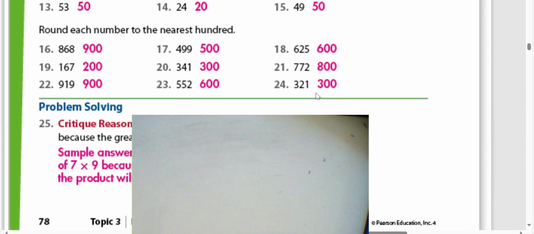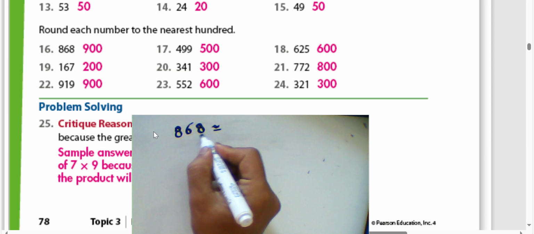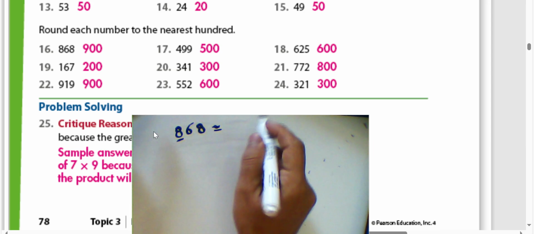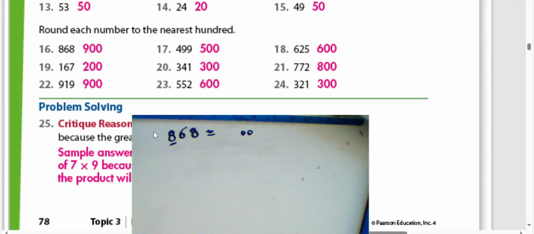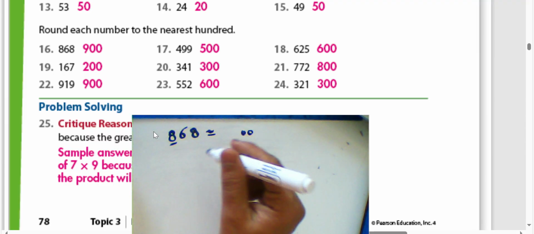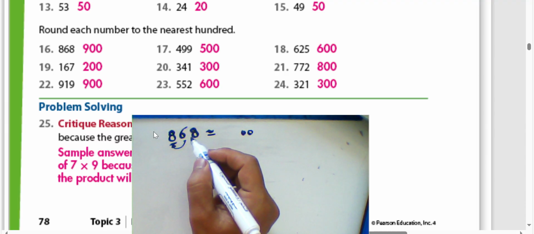Okay, we can also approximate to the nearest 100 like this. 868 approximated to what? We must write double zero, approximated to the nearest 100. 6 is greater than 5.